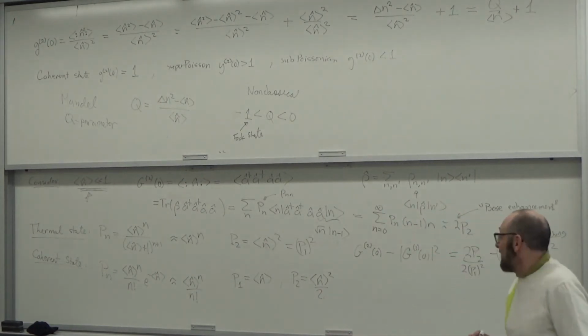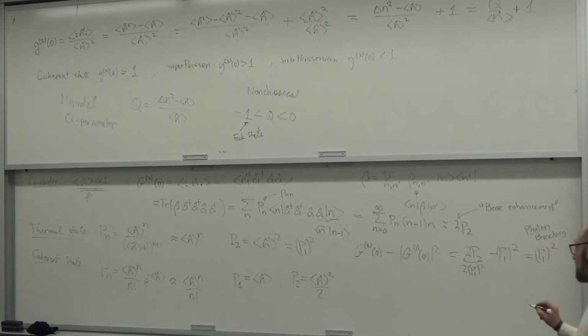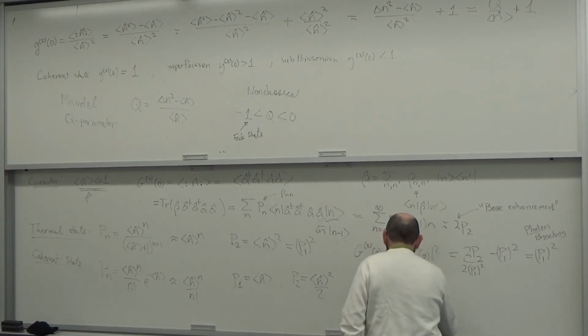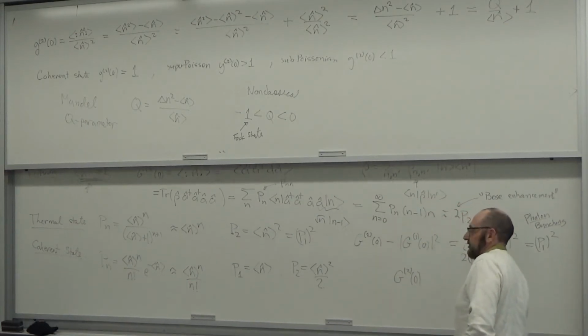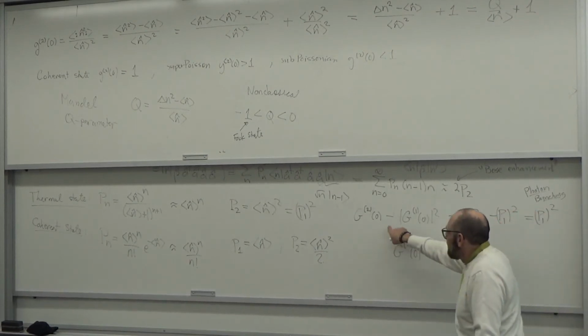So what is this difference here? What is G2 at 0 in this limit of feeble light? Zero. The difference is 0.